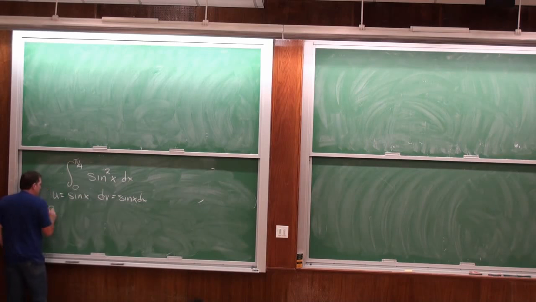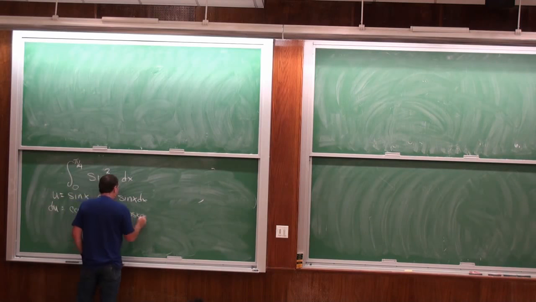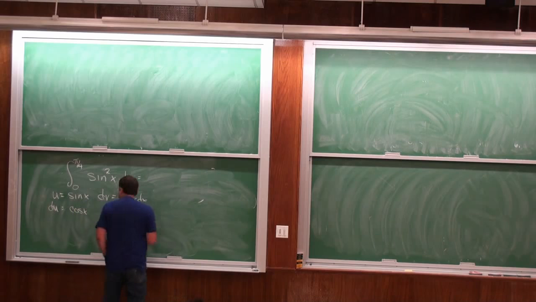So that means that du is the cosine and v is minus the cosine. So that gives me minus, did I do that right? Yes.